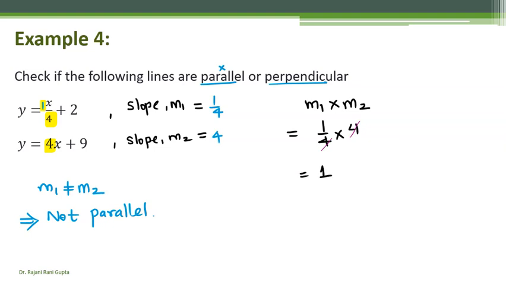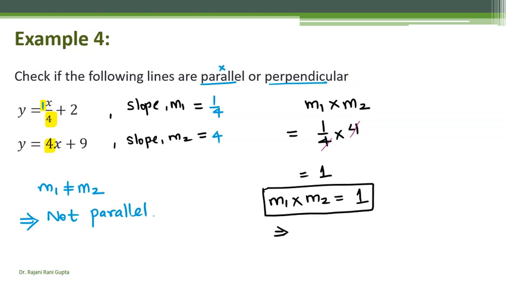So what is it giving you? 1. So what we obtained here is m1 cross m2 as 1. What does it mean? It means the lines are not perpendicular, because you needed it to be -1.